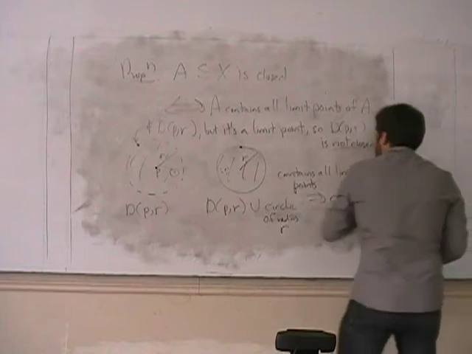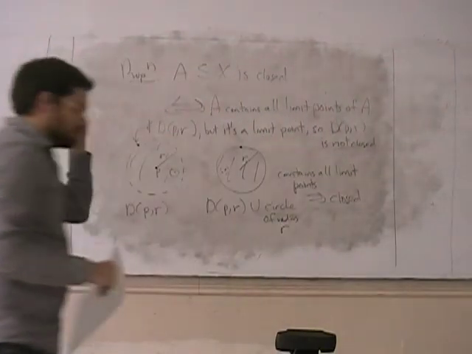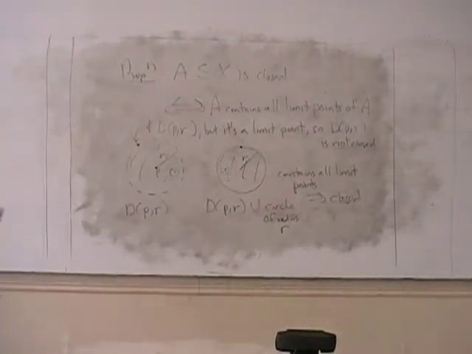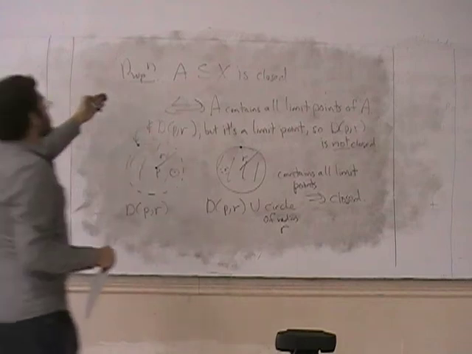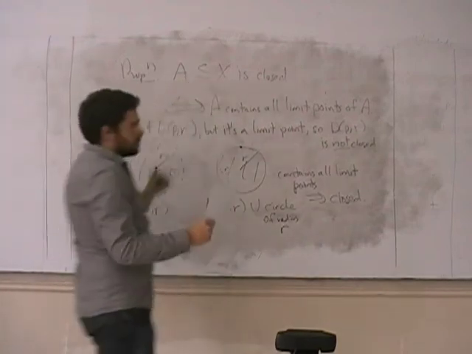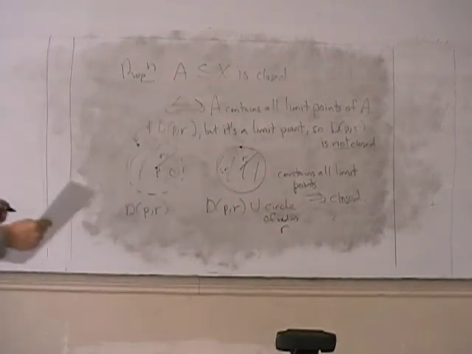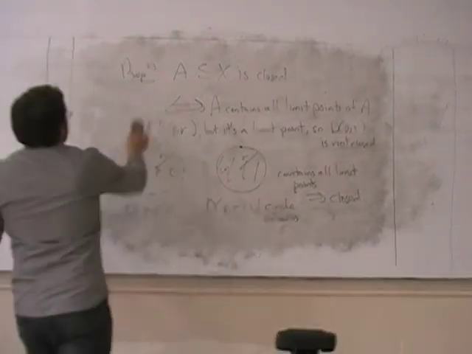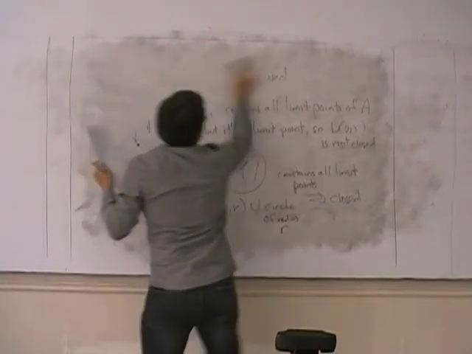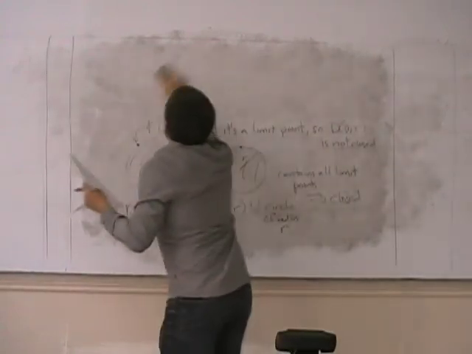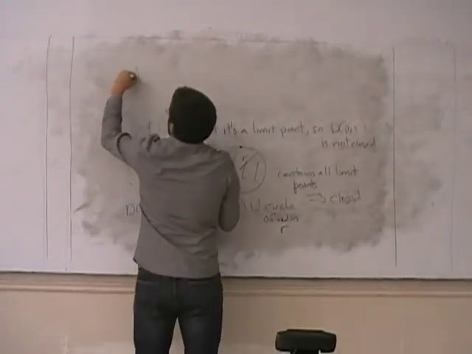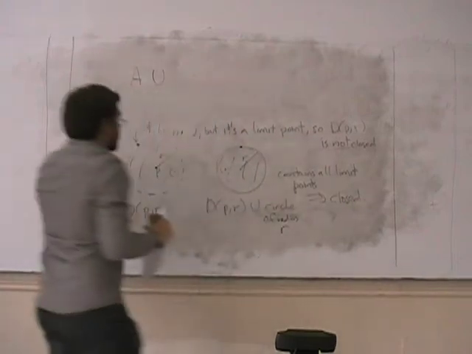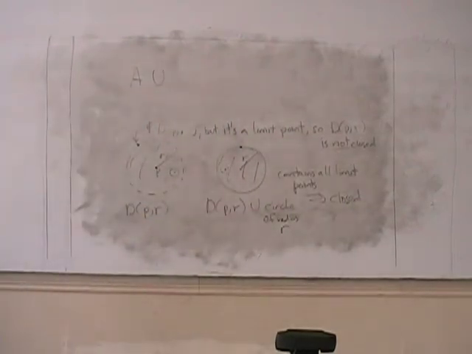So here's a way to think about closed without even really, I mean, yes, open sets are involved, but you're not thinking about complements of open sets, you're just thinking about limit points. Actually, it's a very nice exercise to show that these two things are the same. In fact, there's an idea here. So what if I take my set, and now I include all of the limit points.